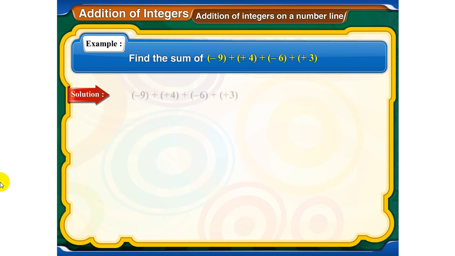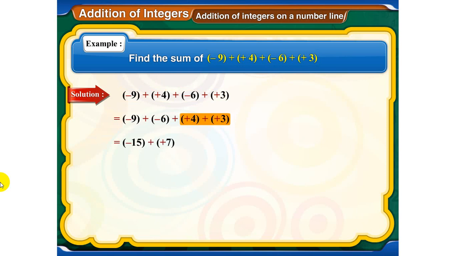We have minus 9 plus 4 plus minus 6 plus 3. That is equal to minus 9 plus minus 6 plus 4 plus 3, which is equal to minus 15 plus 7, and that is equal to minus 8.